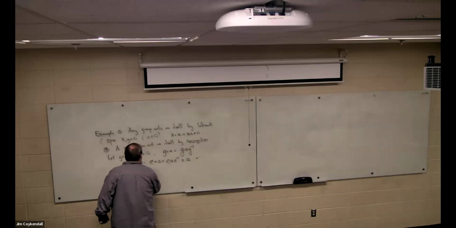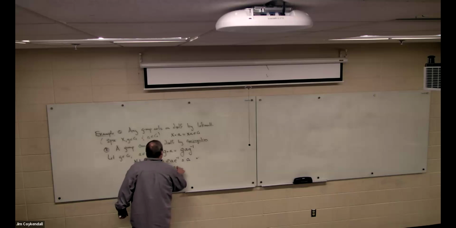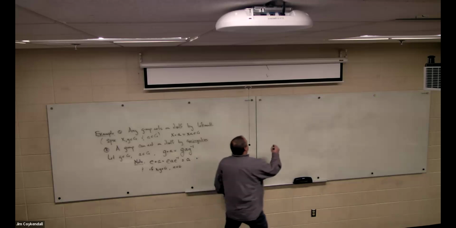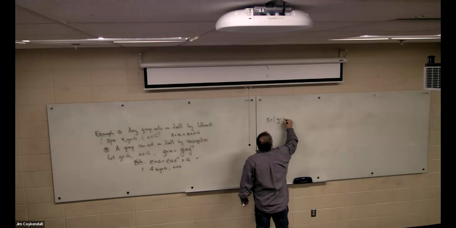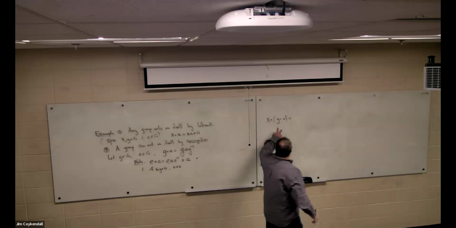And if x and y are in G, and a is in G, if you look at x acting on y acting on a, well, let's see what this is.